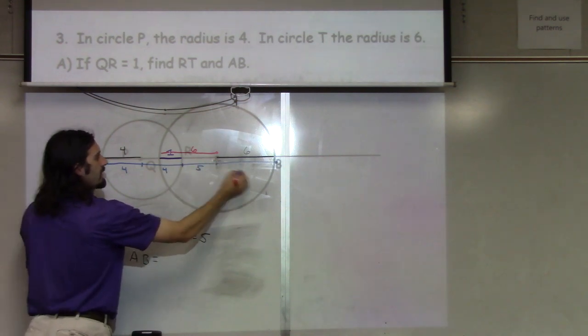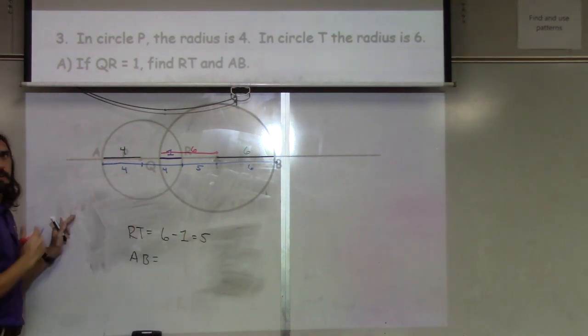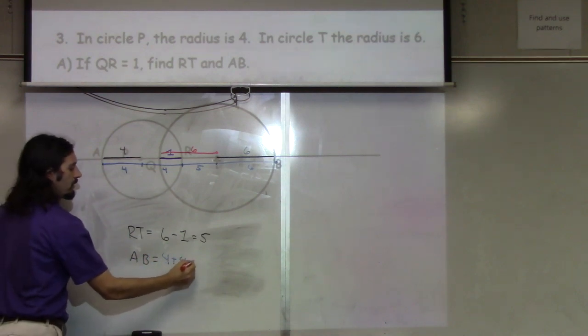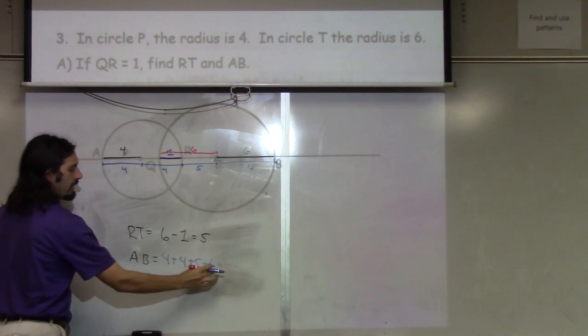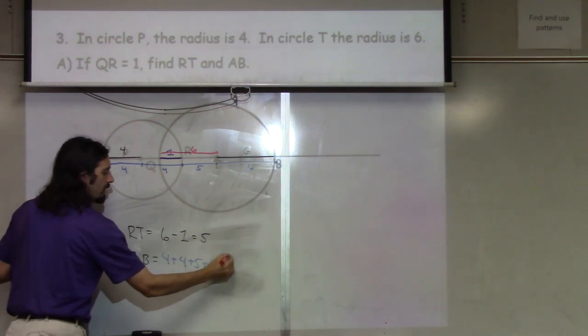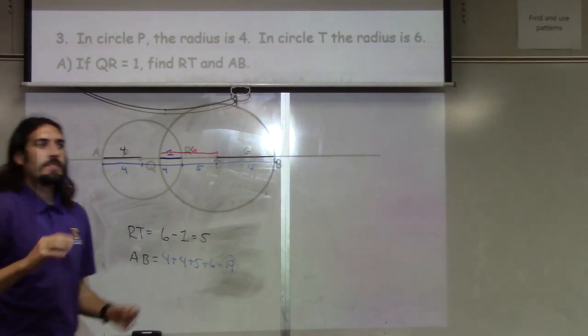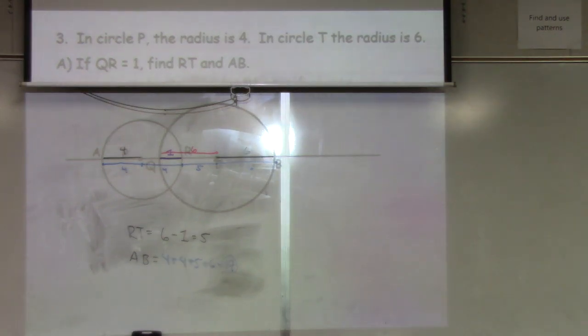And I know T to B is 6. So I'm just going to build my segment going all the way across. And so by doing that, 4 plus 4 plus 5 plus 6, 8 and 11, we get an answer of 19. Okay? And so the idea with these pictures is you just have to build and put your pieces together. Okay? So that's number 3 right there.